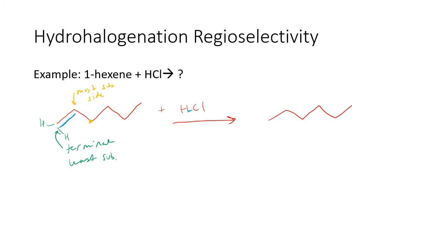So when we place our chloro group, we're going to place our chloro group coming off of where the most substituted side was. And if we want to show our hydrogen, we can do that. So we still would have the two hydrogens there from before. We just don't normally show them. And then that hydrogen that we added from the HCl. So our new product that we make would be 2-chlorohexane. So now we have to change the suffix to -ane because we have an alkane and not an alkene product anymore.